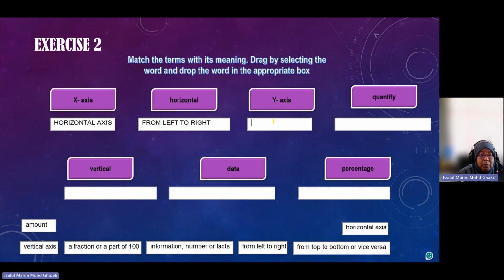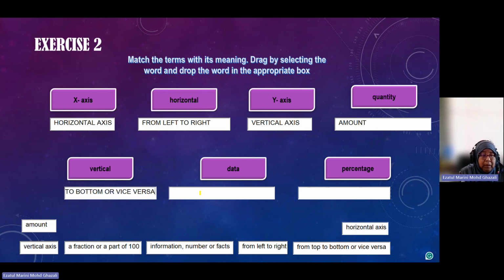Y-axis is the vertical axis. Quantity is amount. Vertical from top to bottom, or vice versa.